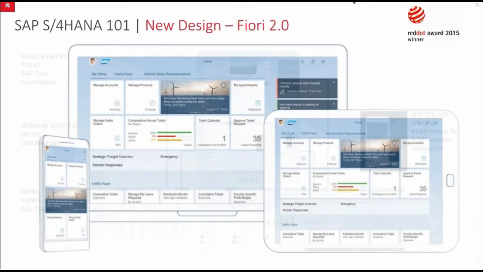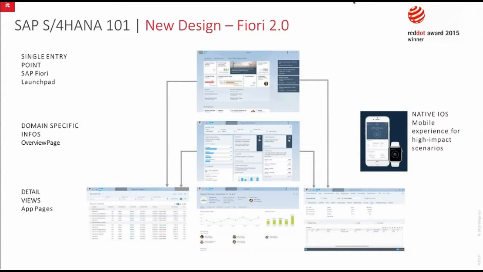Let's take a step below that. One of the things you'll need to get familiar with as you start to work your way through this paradigm shift is the different types of screens that we deliver with the new user experience. So we start generally with the Launchpad, as I mentioned, your one spot for starting all interaction with SAP, tailored to you as an individual based on roles and delivering these card or tile-based interfaces.